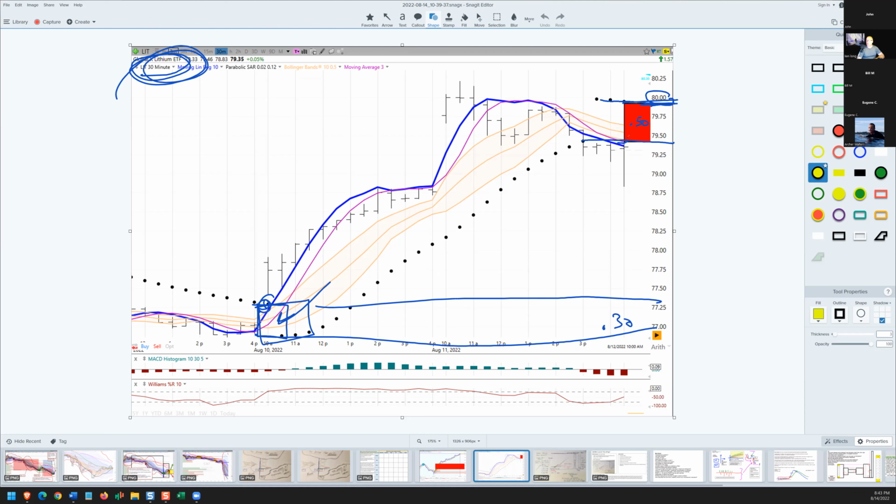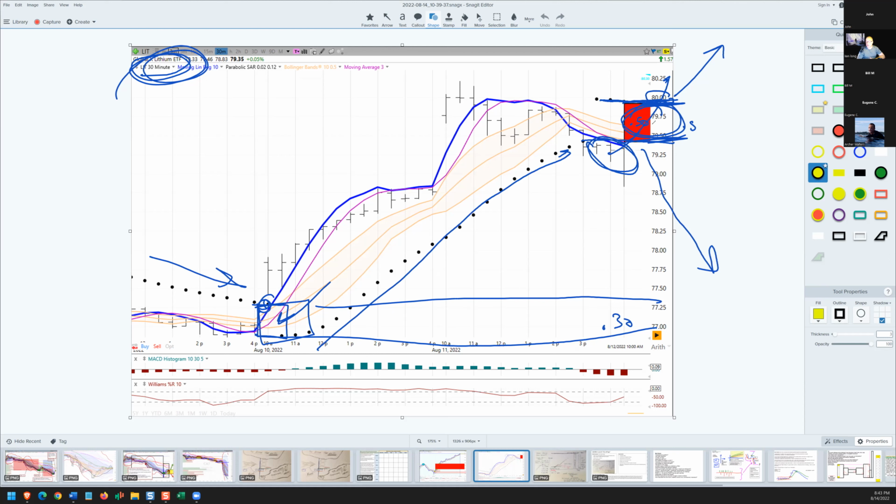if this were to find support here and come through the PSAR at 80, we would take that as a signal to go long with about a 50-cent risk box, since that's the buffer that keeps this from being a downward trend. And we know that these trends can last a long time.